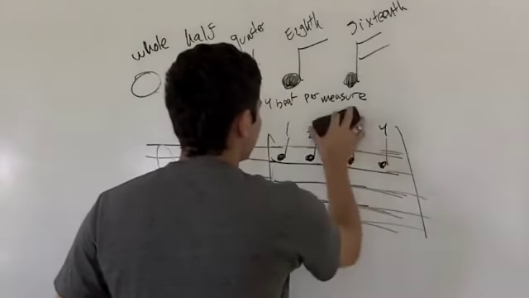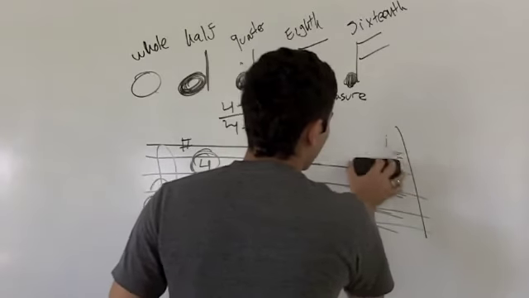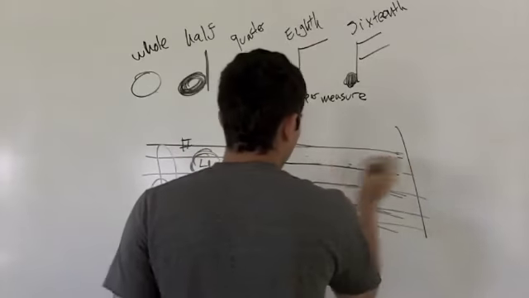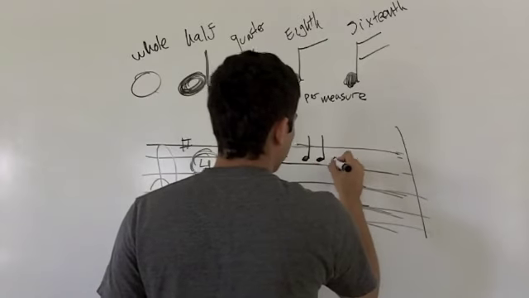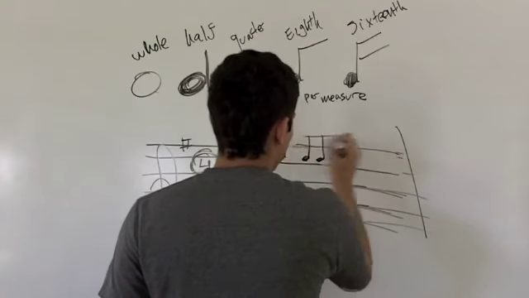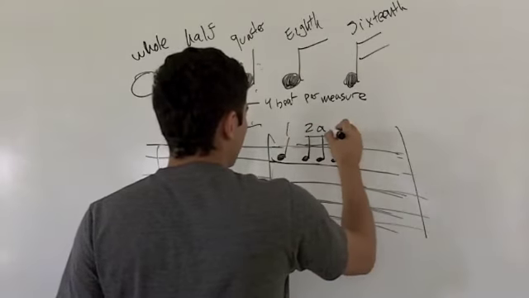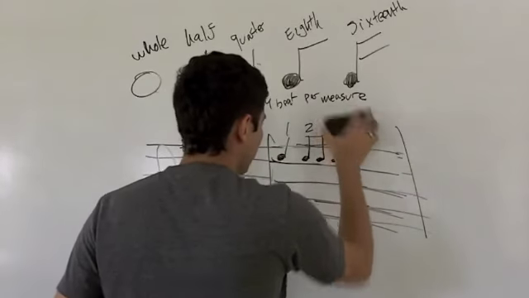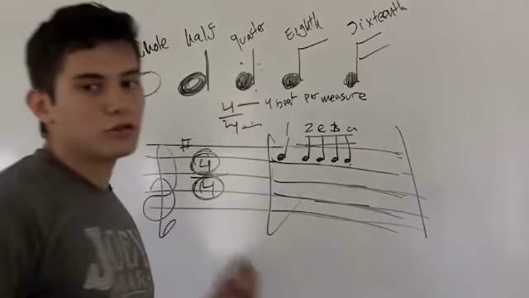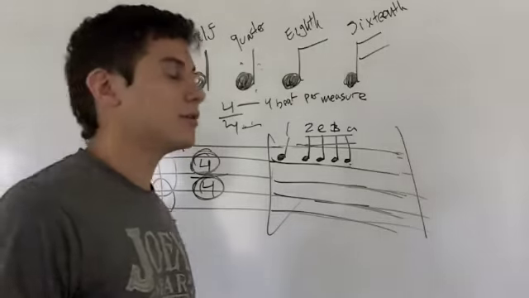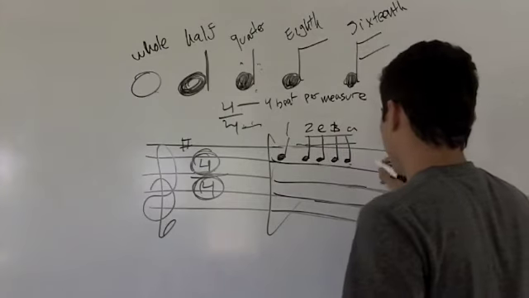So if you had a 16th note, that 16th note would then divide this one beat into 4 separate parts. So let's have a 16th note here. And so the way we would count this out would be 1, 2, E and 3, 4, E. So if I were to do it like this, it would be 1, 2, E and 3.